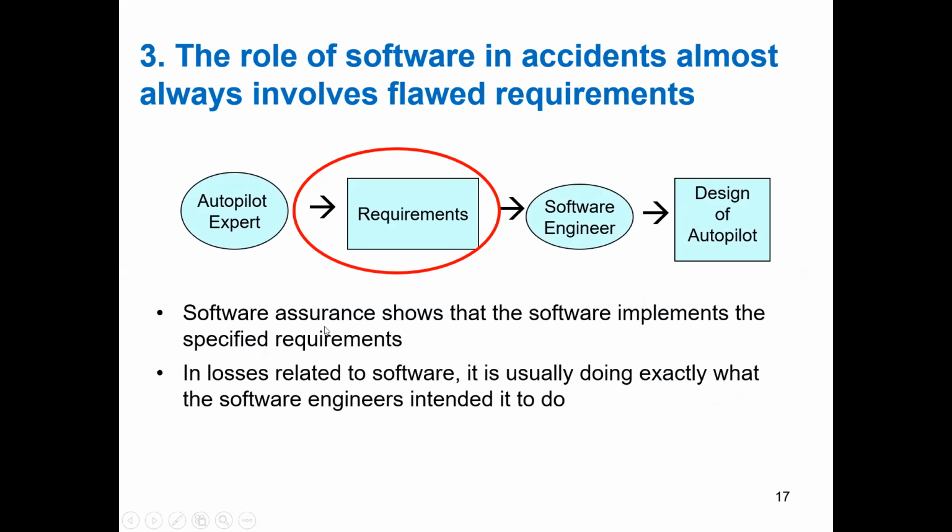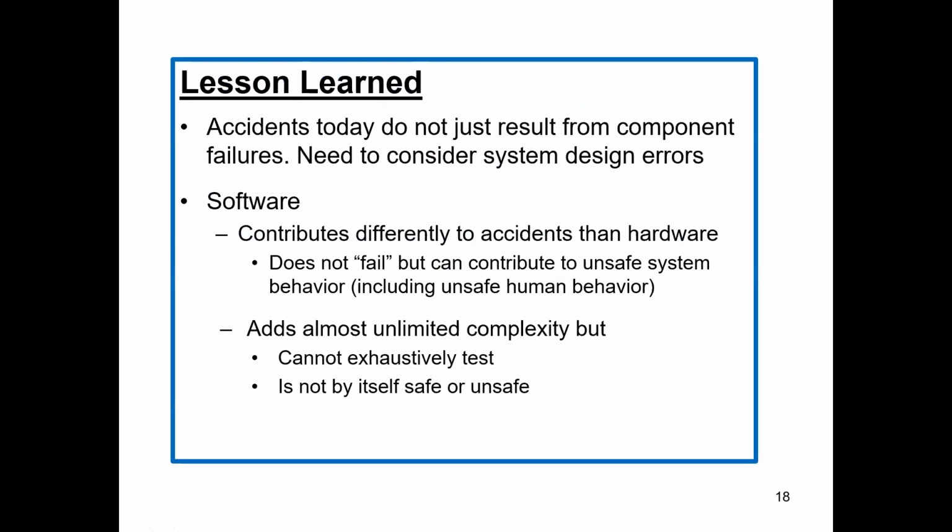So software assurance shows that the software implements the specified requirements, but in the losses related to software, it's usually doing exactly what the software engineers intended it to do, as in those two examples I showed you, although I could tell you dozens and spend hours showing you examples.